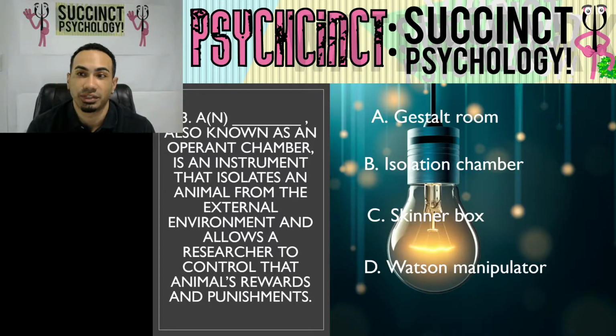So, sounds like we're dealing with behaviorism here. And an operant chamber, there's also operant conditioning, which deals with behaviorism as well. And if you know anything about operant conditioning, then you know that that was a big process of B.F. Skinner. And so the answer would be C, Skinner box. If you chose that, good job.